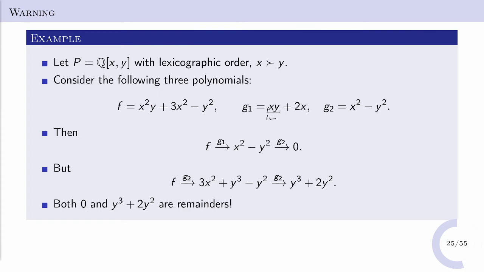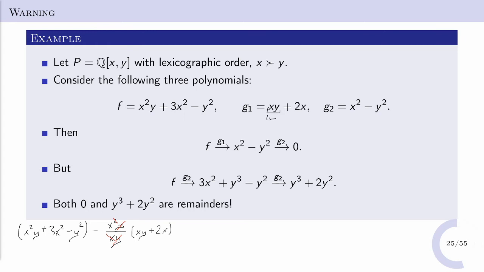So what we have is x squared y plus 3x squared minus y squared, minus x squared y over the leading term of g1, which is xy, times g1, so it is xy plus 2x. Of course, this y cancels with this y, and this x squared cancels with this x.